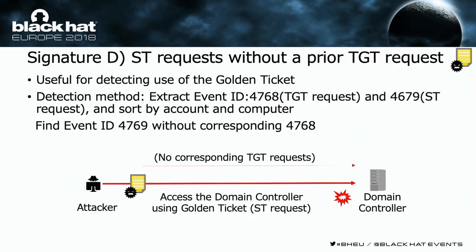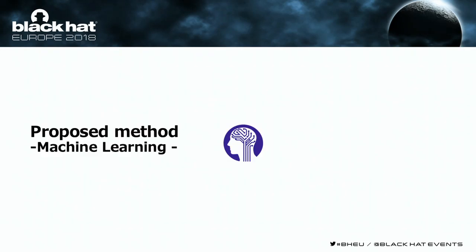And signature D monitors suspicious Kerberos authentication, which is suspected to be a golden ticket attack. When attackers use a golden ticket, TGT request events are not recorded before the service request. So from here, Wataru will explain about machine learning.